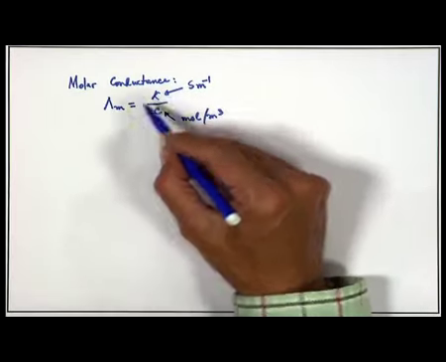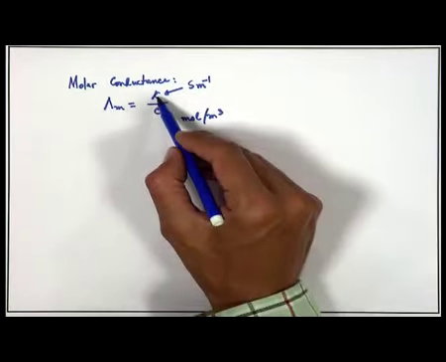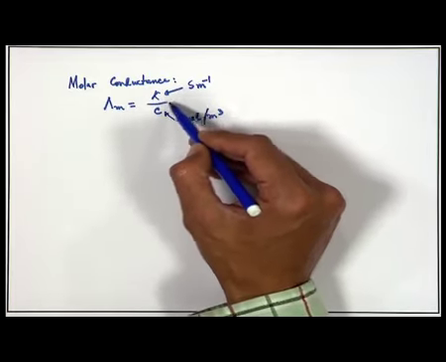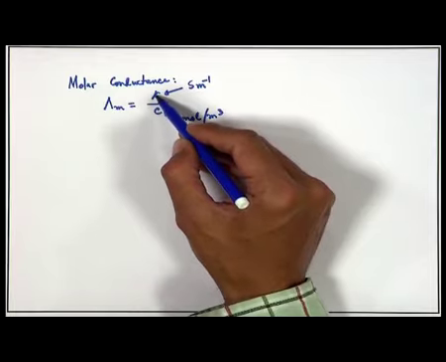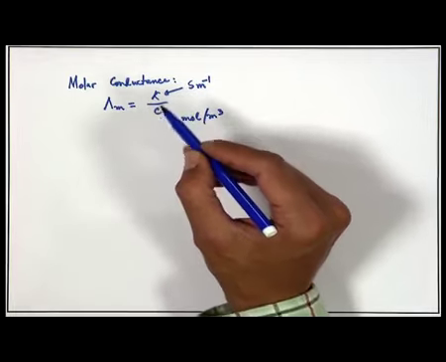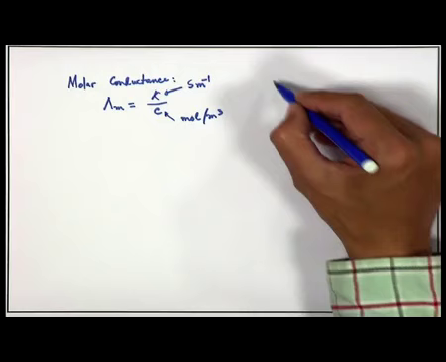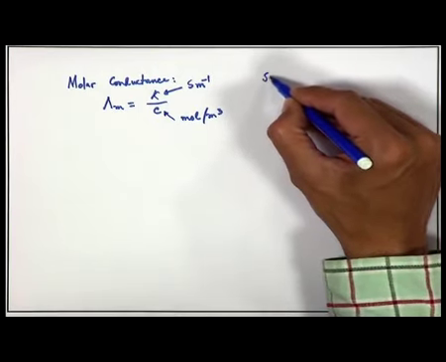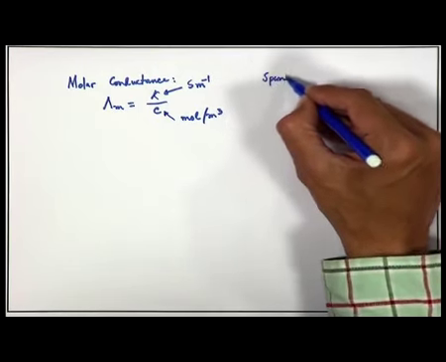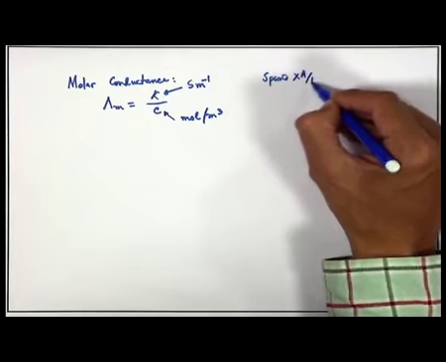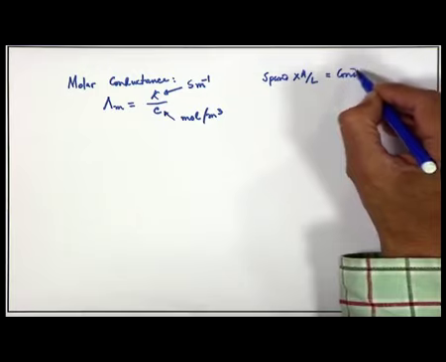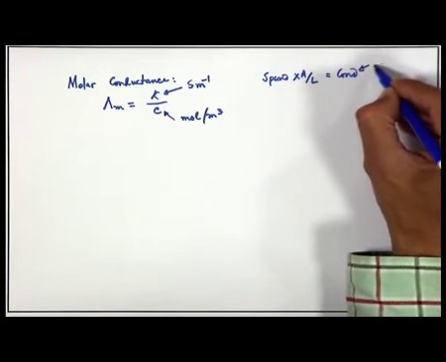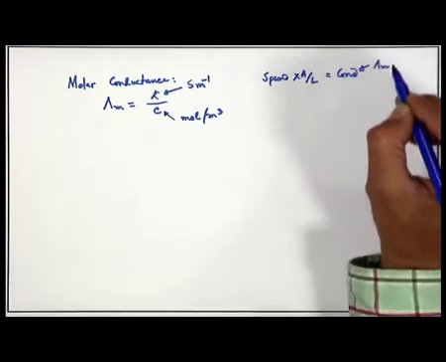Conductance is equal to specific conductance into A by L, and A by L is basically 1 upon C, that is why lambda m is equal to kappa by C.